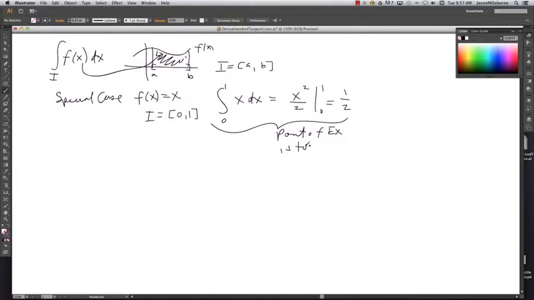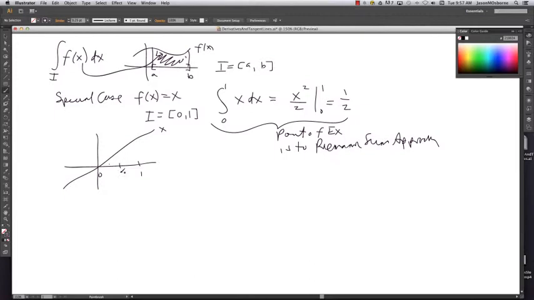But the point of this example is to do the Riemann sum approach. You'll remember that the Riemann sum approach takes this function, f of x equal to x, on the interval from 0 to 1, and the idea is to break this interval I up into subintervals.